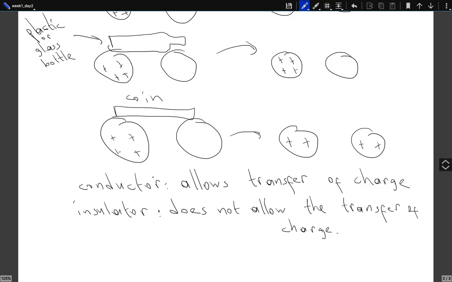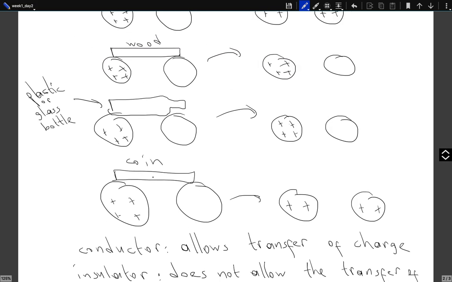So, for example, if you look at this picture, what happens when you bring the coin in touch with this conductor is that this conductor has more positive charges than negative charges. The coin has positive and negative charges. Well, there are more negative charges here, so the electrons will be attracted here.